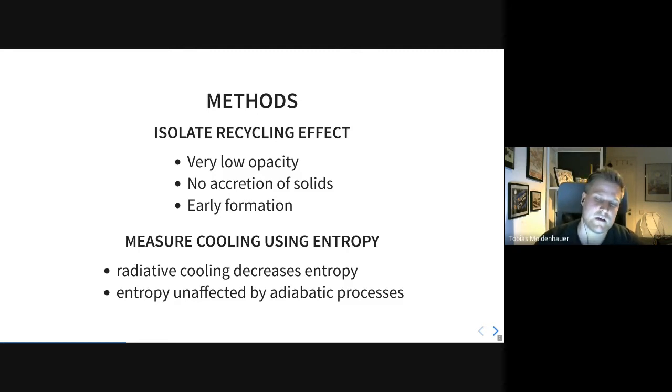Unless you have shocks, the entropy only decreases through radiative cooling and is unaffected by adiabatic processes like compression and relaxation, because quite counterintuitively, if your atmosphere cools and then contracts, then it's actually hotter afterwards. So by radiating away energy, your atmosphere can become hotter. This is why we have to look at the entropy and not the temperature. Just to mention this.